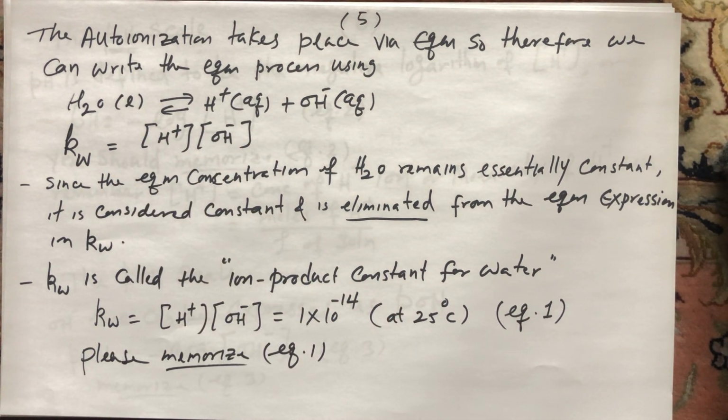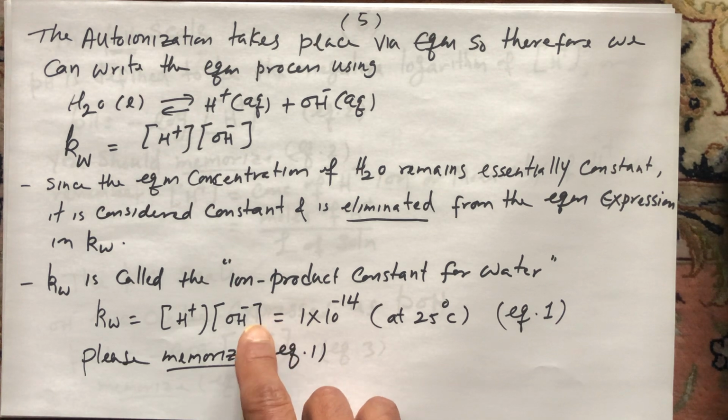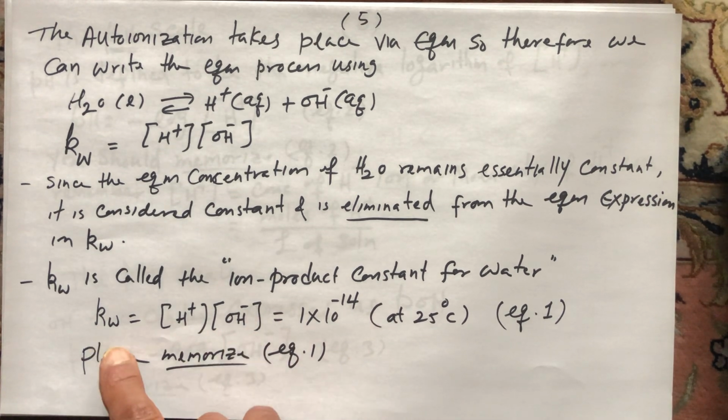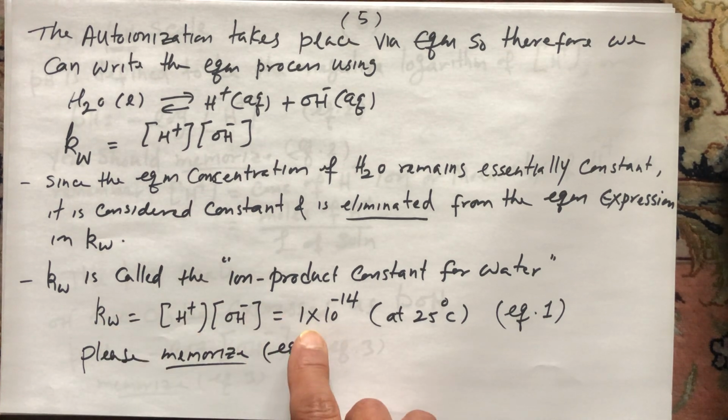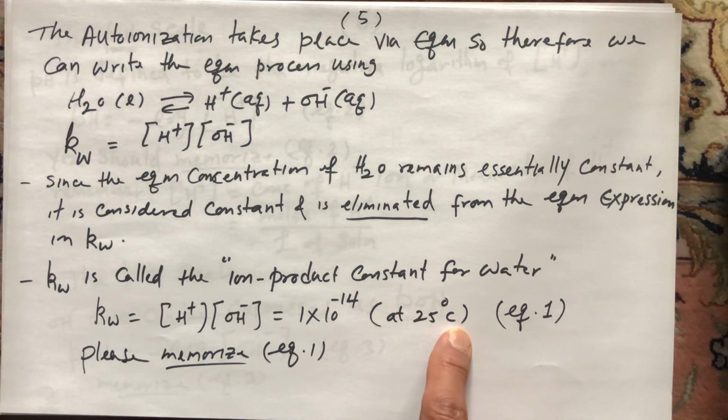Okay. Now, the important thing about this Kw is that based on experimental evidence, we know that the concentration of H plus times OH minus, which we call Kw, is a constant, 1 times 10 negative 14 at 25 degrees Celsius.